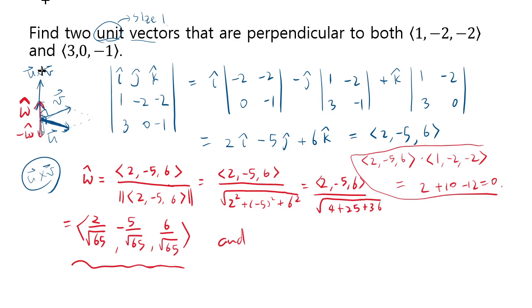Because it has to be on the same line to be perpendicular to both u and v. And if it's directly negative, the size of negative w hat would still be 1, right? So the other answer would be -2 over square root of 65, positive 5 over square root of 65, and -6 over square root of 65. And that's it. That's the answer.